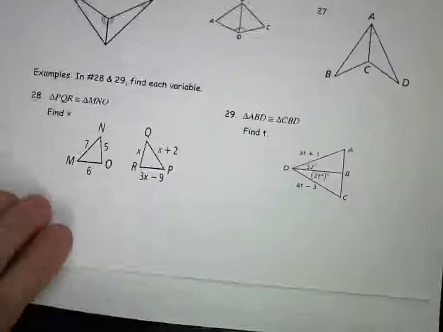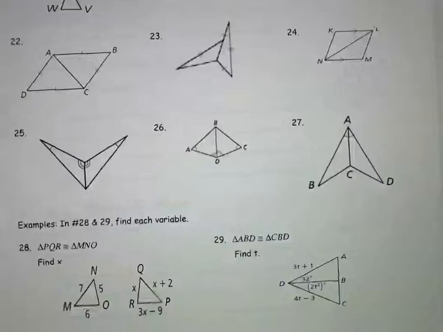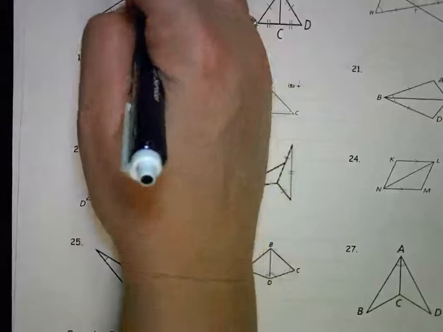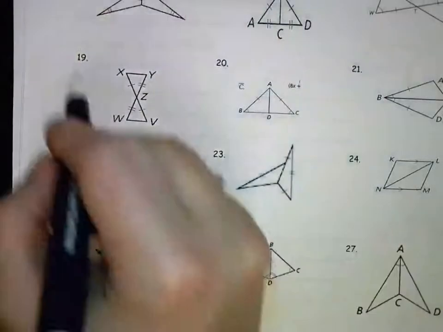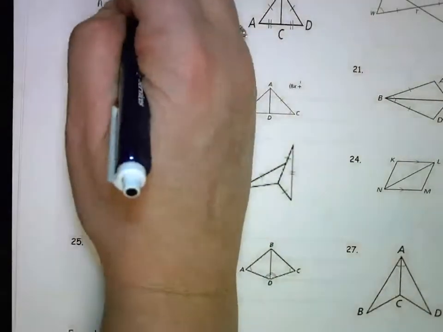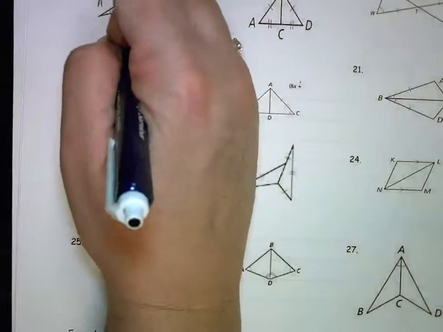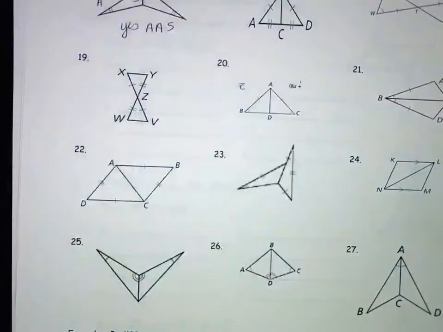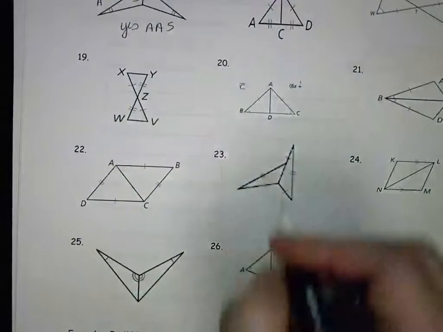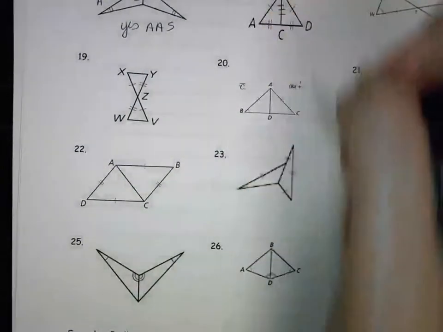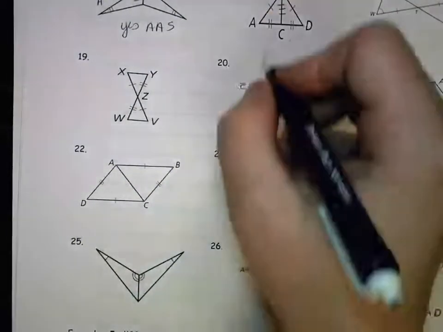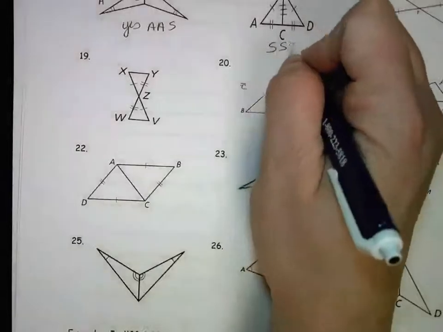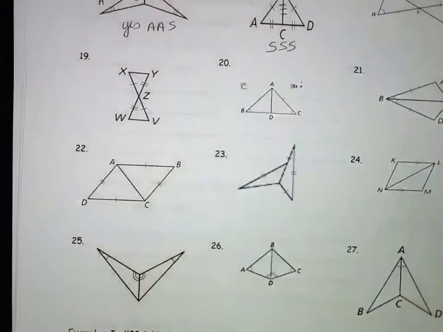Couple more on the next page. Right here, we're going to have a reflexive one. So this will be angle, angle, side. Number 17, those are congruent by reflexive. So you will have side, side, side.